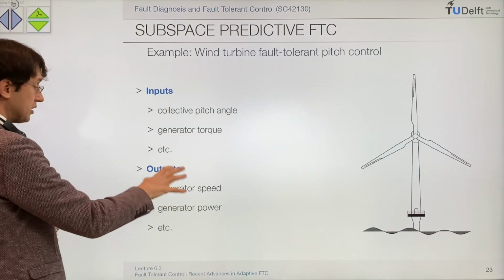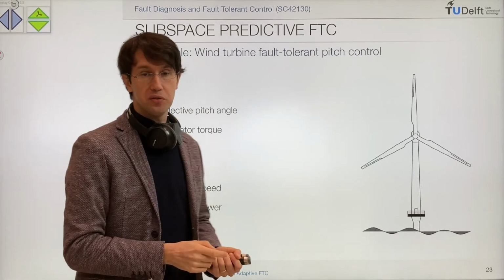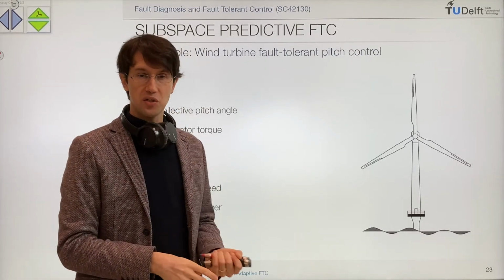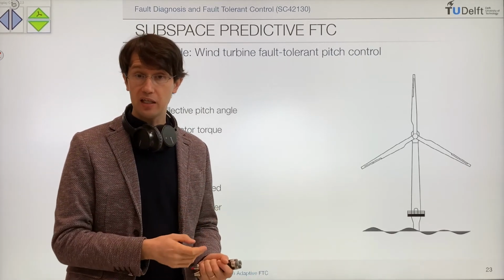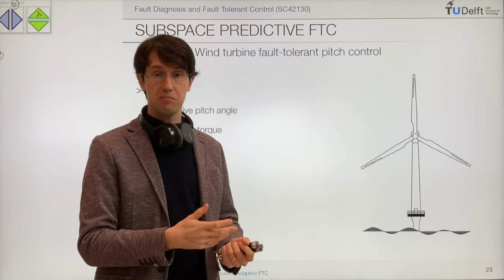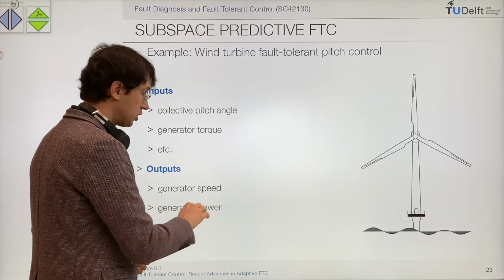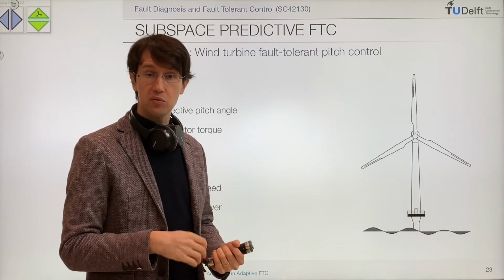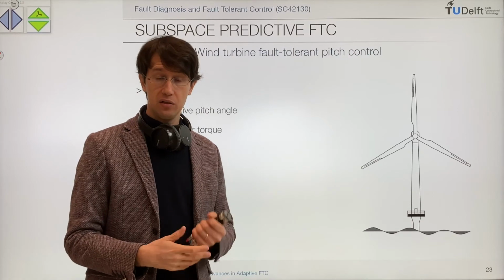What we measure as outputs is the speed of the generator and the power produced by the generator. So you want to match some speed. You don't want to overspeed your turbine, otherwise it will explode, literally explode. But you also want to track some power that the grid operator is asking the turbine to provide.